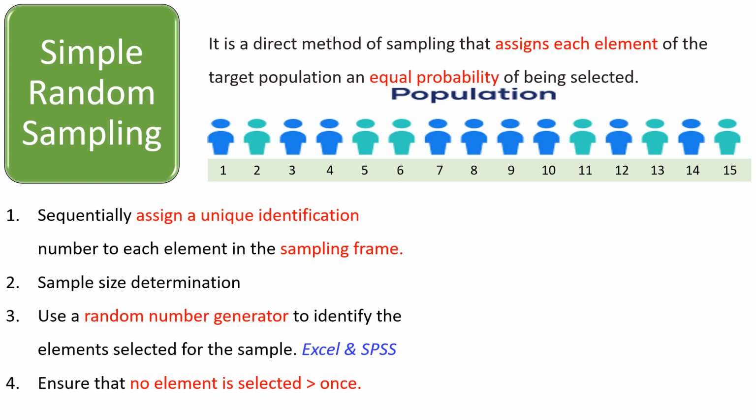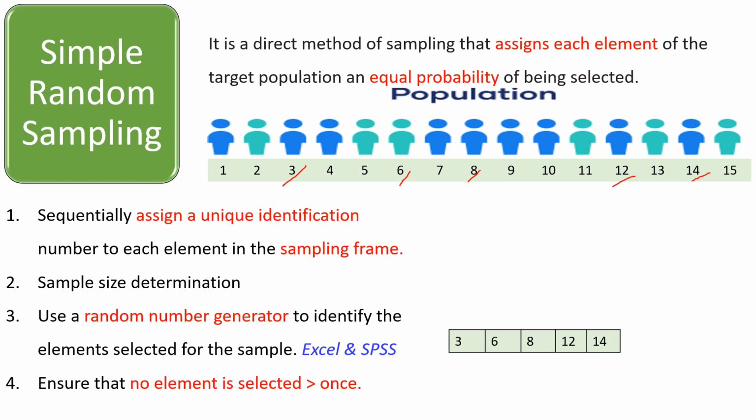Let's assume that our random number generator provides us 3, 6, 8, 12, and 14. So now let's select the third item, the sixth one, the 8th, the 12th, and the 14th.